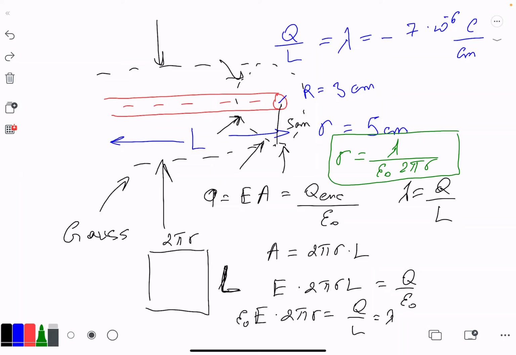Sorry, it should be E, guys, E at the distance of r. So E equals lambda divided by epsilon naught 2 pi r. That's the final formula.